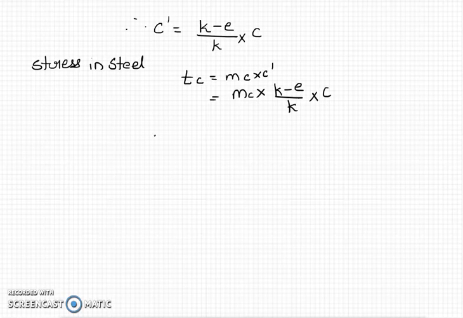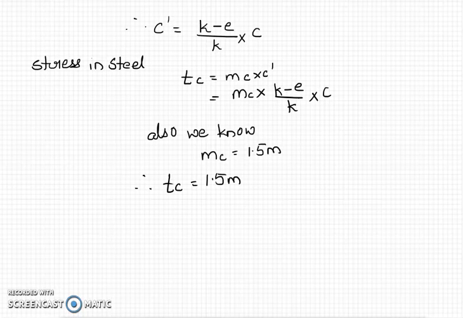Also we know that MC is equal to 1.5 times M. This is according to the IS 456. That is, the modular ratio in the compression zone is 1.5 times the normal modular ratio. So therefore TC will be equal to 1.5 times M K minus E upon K into C.